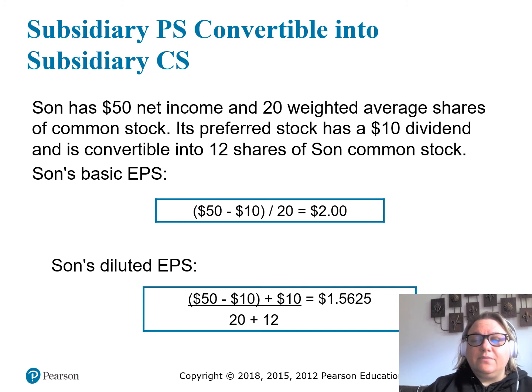Super simple. That's what we're used to looking at. But because we have that preferred to common claim out there, we're going to do a little bit more work. We're going to subtract out the dividend, then add a few things back, and also show where we have that claim to convert right here.